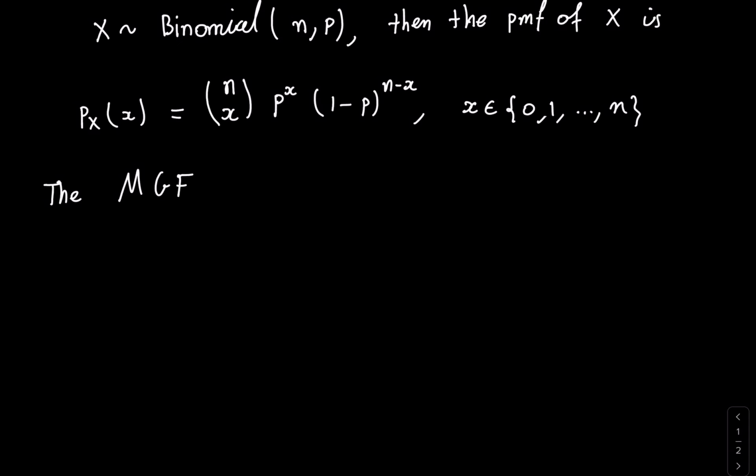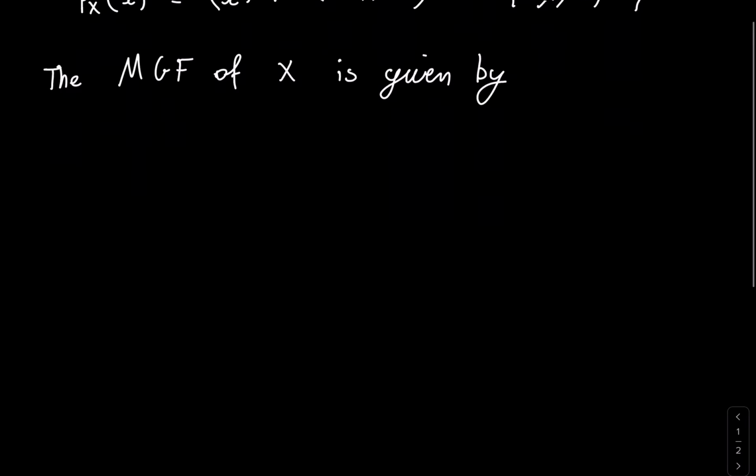The MGF of x is given by, let's write it down here, M_X of t. Recall, we'll use the generic expression.